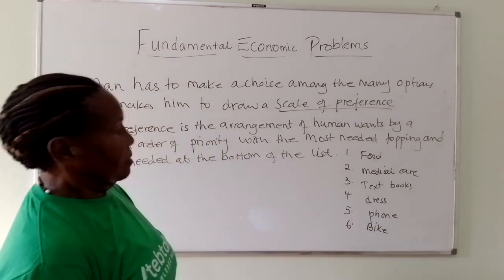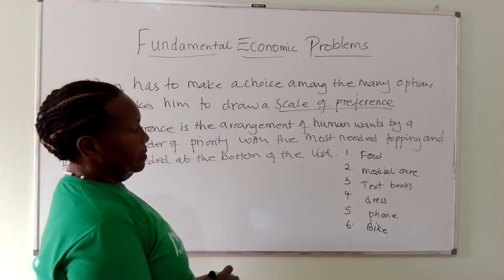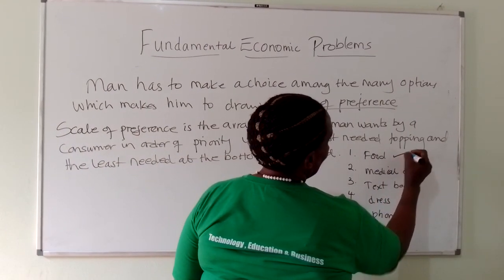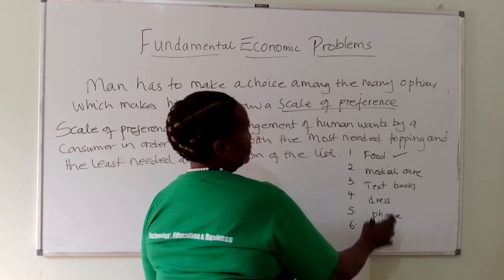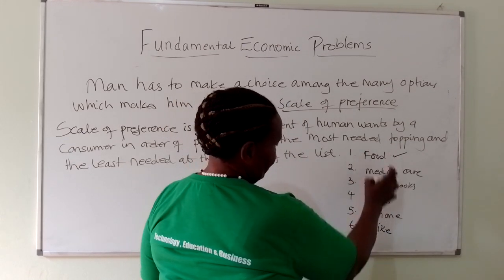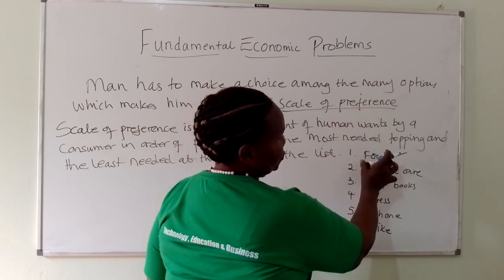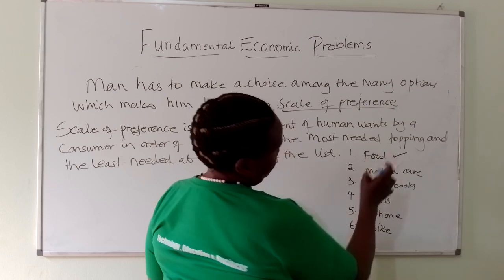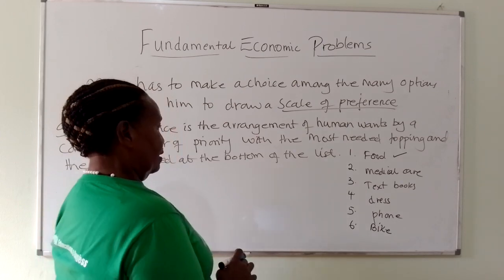If I have money, which I assume is my resource, I will use my money to buy food as number 1. I can't buy a bike, as my scale of preference is already telling me that the most important want in my life is food. Whether I have a bike or not, I can survive without the bike, but I may not be able to survive without food.